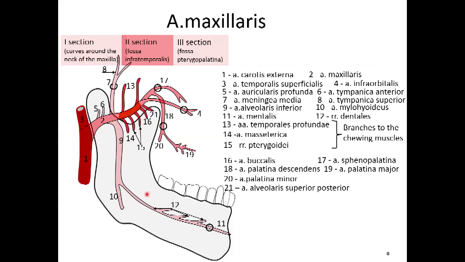It is designated as part of the second section, but really it is on the border between the sections.